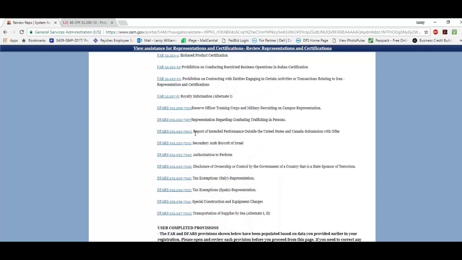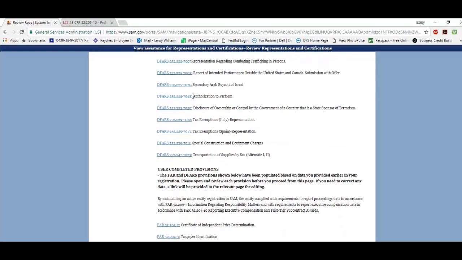Don't know what the difference is, but I'm sure there's a little subtle difference between that and what's up above. Report of intended performance outside the United States and Canada, submission with offer. Secondary Arab boycott of Israel. Authorization to perform.